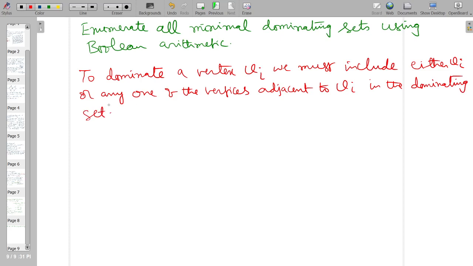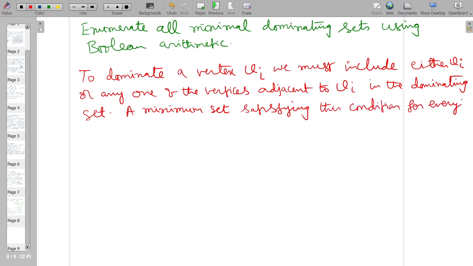Now that is not sufficient. This should also be a condition, a minimum set satisfying this condition for every vertex Vi is the required set.